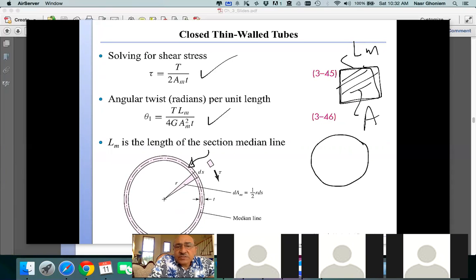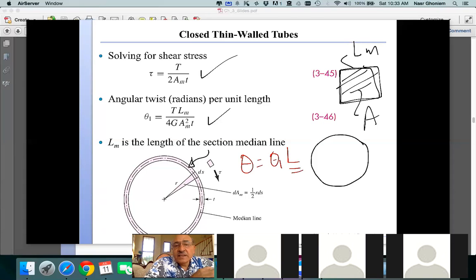Now, what's important to note is that the angle of twist is per unit length. So the longer the shaft, the more twist it is going to have. So I have to calculate theta 1, and theta would be equal to theta 1 times the length, however long the shaft is, to give us an angle of twist.